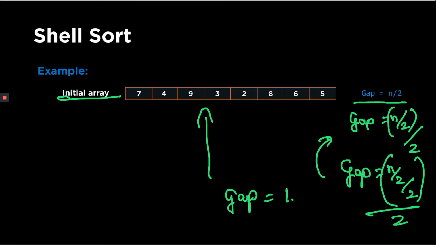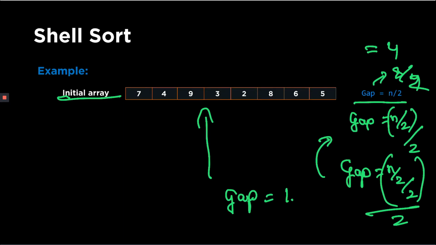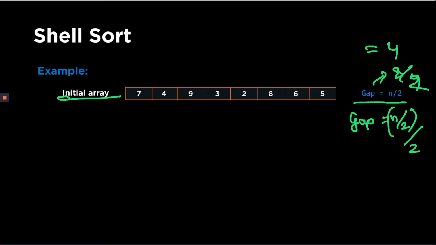Initially we have a gap of n divided by 2, where n is 8. So 8 divided by 2 is 4. What we are going to do is compare all numbers that are distant from one another with a gap of 4.